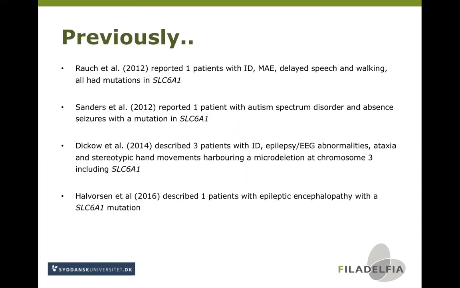So before we did our study, there were a few patients described. Rauch et al. in 2012 reported one patient, and Sanders et al., also in 2012, reported one patient. The first one had MAE, which is myoclonic atonic epilepsy, and the second one only had an autism spectrum disorder.